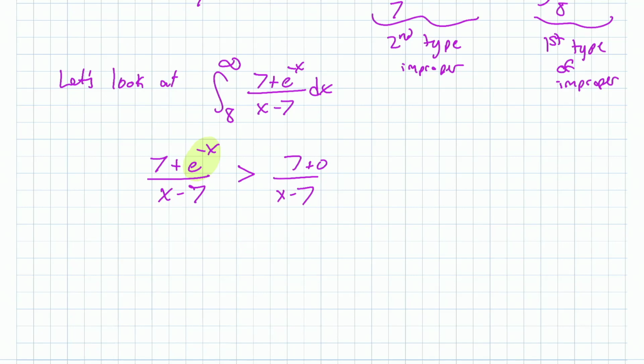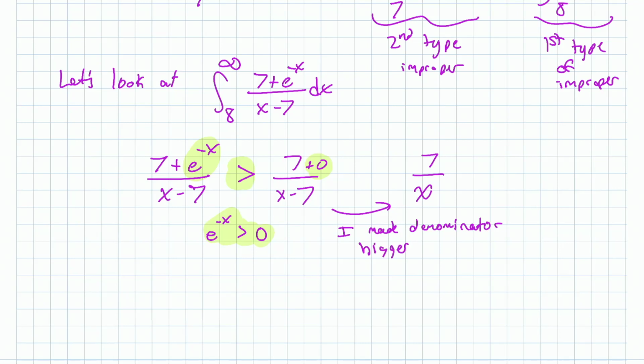So that's why I can use this symbol. So I replaced it. Now the next thing I want to do is say, okay, well, what about 7 over x? From here to here, what did I do to the denominator? I made the denominator bigger or smaller? Well, I went from a minus 7 up to 0, right? I made the denominator bigger.